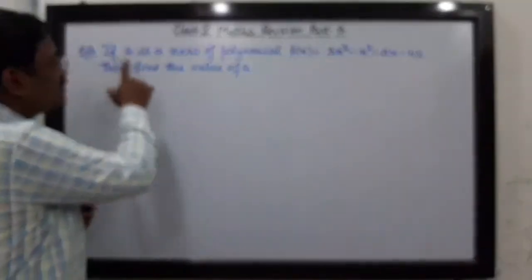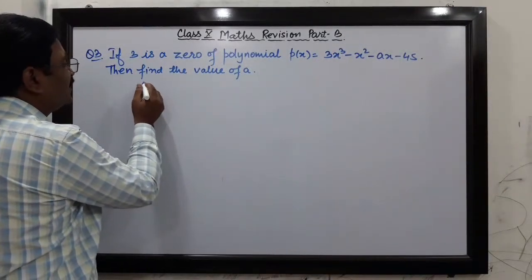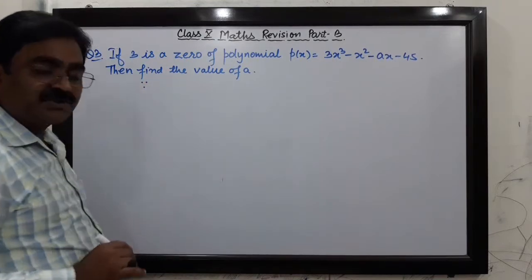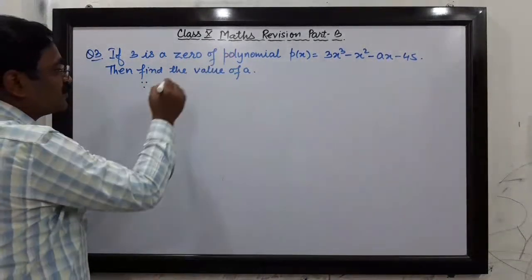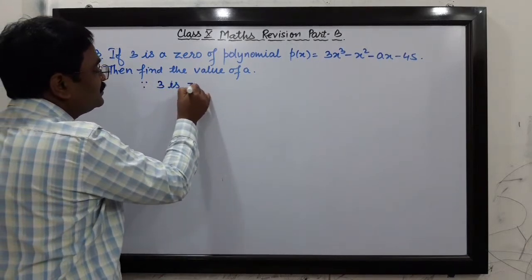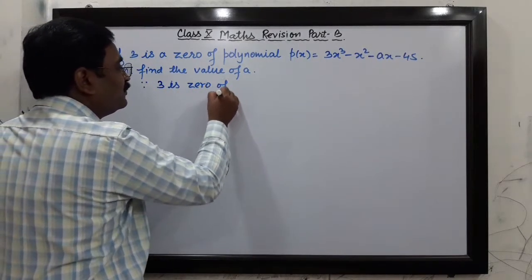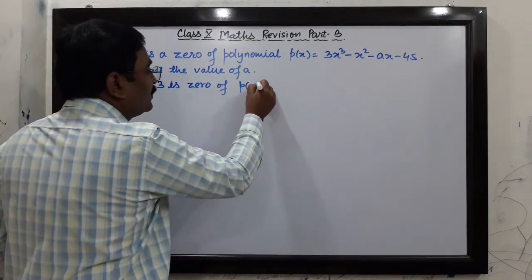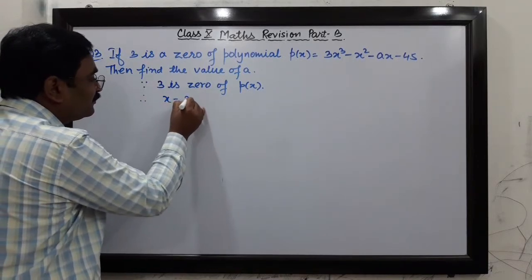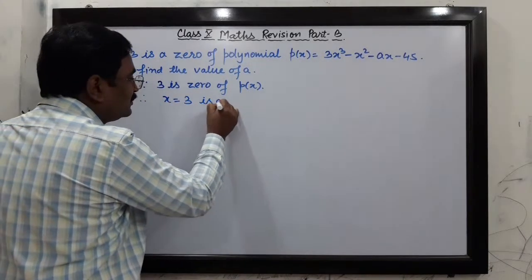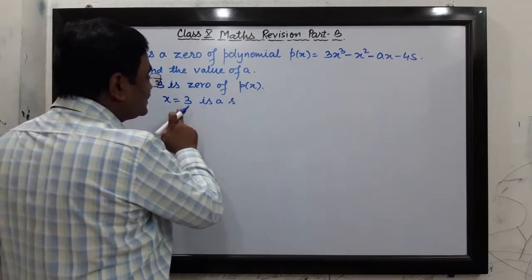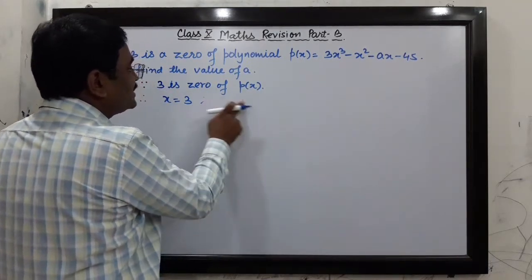So since 3 is a zero of polynomial p of x, therefore x equals 3 is a solution of this, is a zero of this polynomial, or x equals 3 satisfies this polynomial.